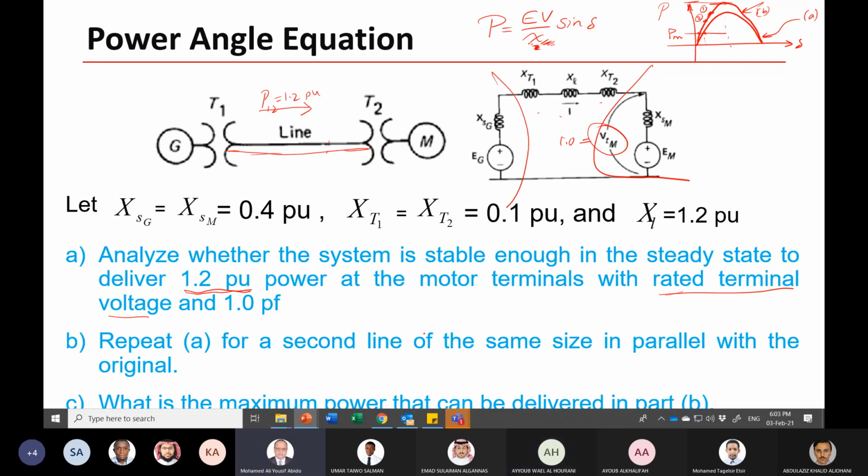But against that, there is a drawback: the short circuit current will be very high, since the reactance also limits the short circuit current during a fault.